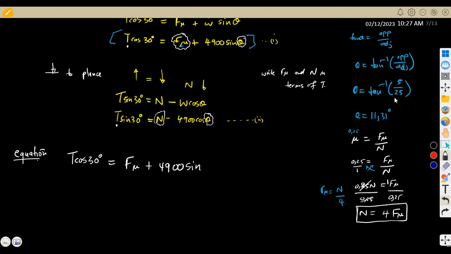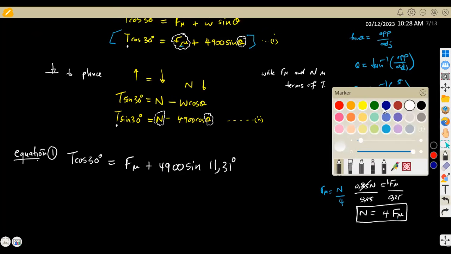Remember our theta, we calculated theta here is 11.31 degrees, so you're going to substitute 11.31 degrees. If you want, you can combine these, but for the meantime, let's leave it like that. This was equation 1.